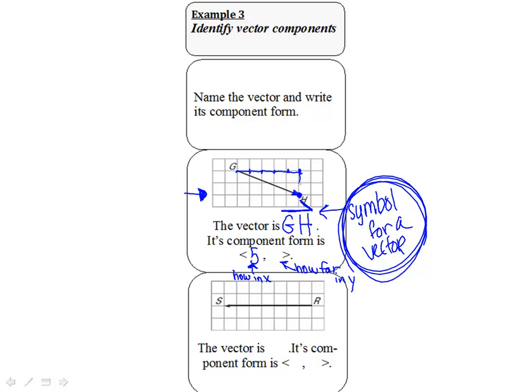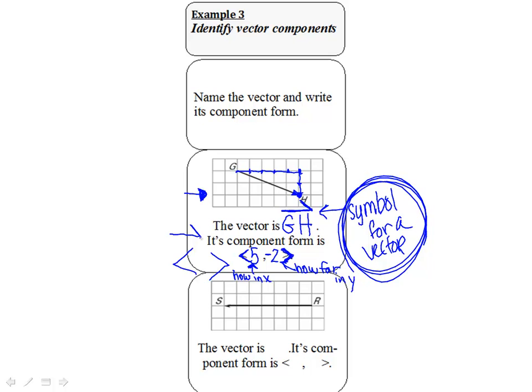And I go 1, 2 down, so that would be negative 2. And notice, I don't have parentheses, I've got these arrows here. We also use those arrows to show a vector. So we use those around a vector, and we use this symbol above a vector. So let's look at this next one.